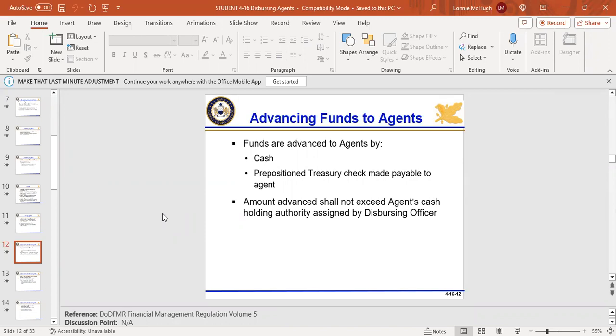That is essentially a check for a pre-filled out amount made payable to that agent. So if they run out of cash, they can deposit that with the deputy, and the deputy can give them cash back. The whole point of that is to make sure that if you're out on leave, the operation can still function.